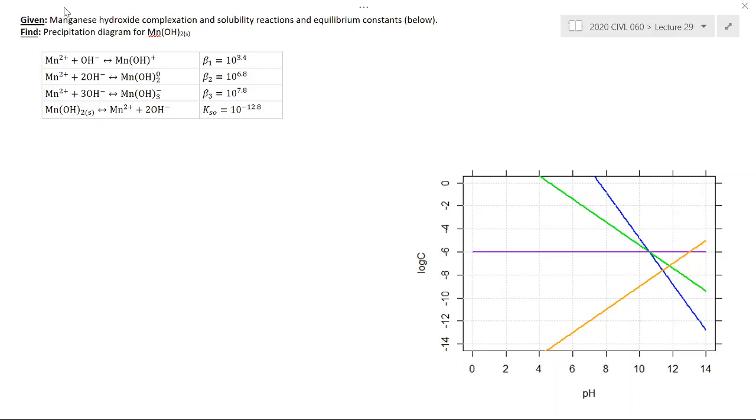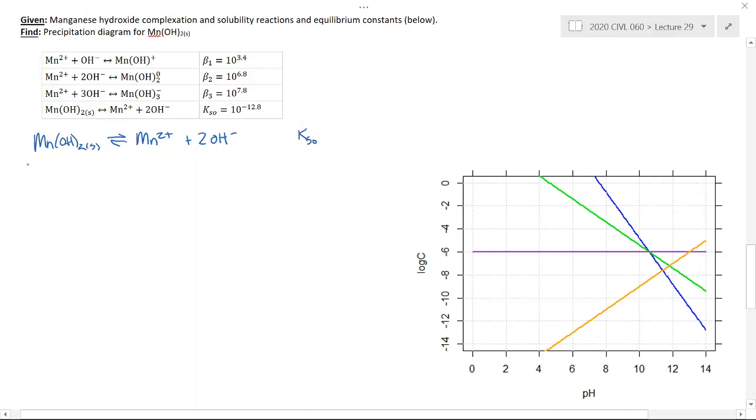To start, I'm going to use the fourth reaction listed up here, which is the precipitation or solubility reaction for manganese hydroxide solid, and add it to the reaction for the third complex. So I have manganese hydroxide solid dissolving into its ions, manganese free ion plus 2 hydroxides, and the equilibrium constant is KSO.